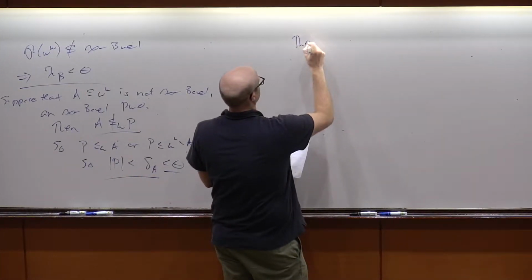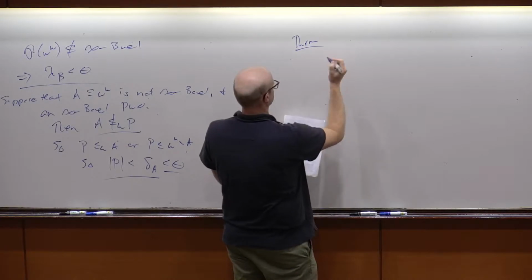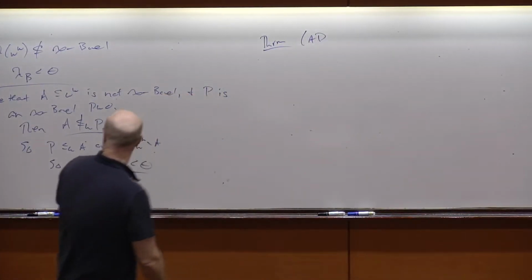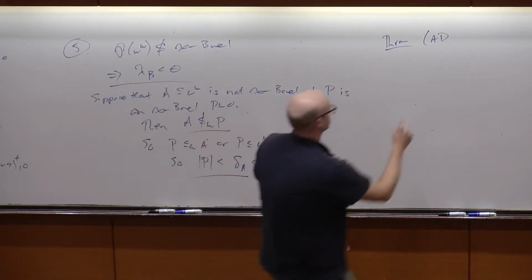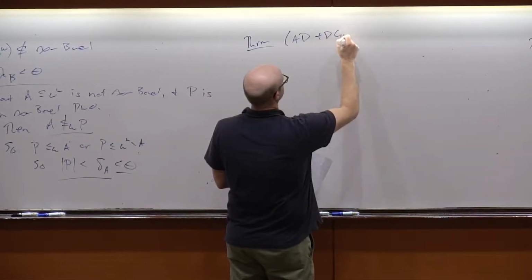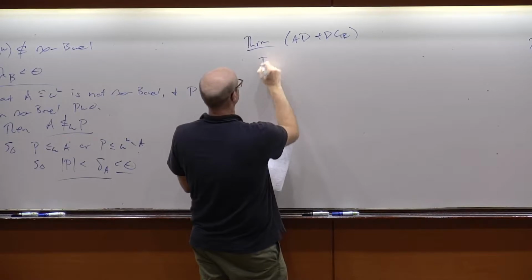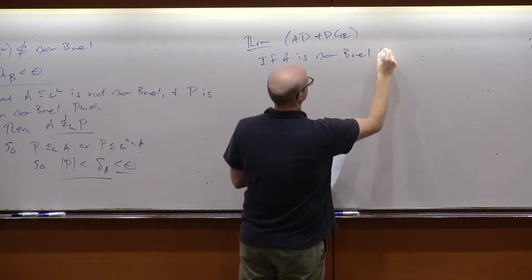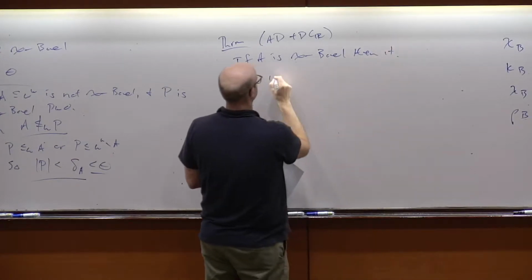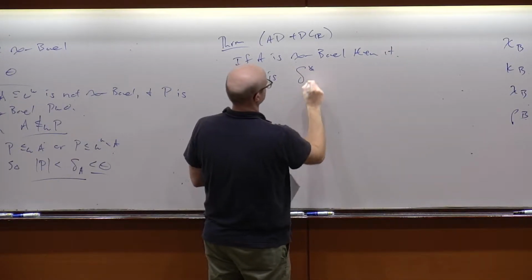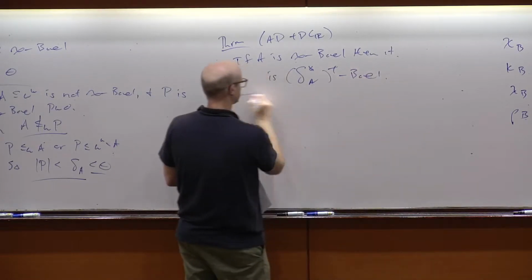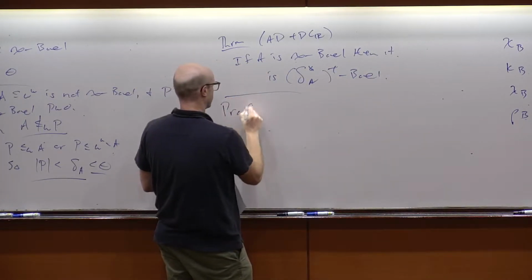The theorem just says that, again, this is under AD plus DC_R: if A is infinity-Borel, then it is delta star A plus Borel. And so here's the proof.